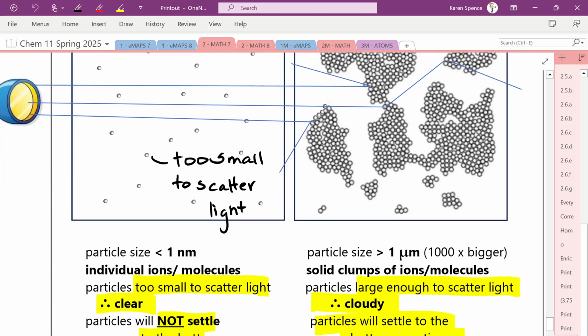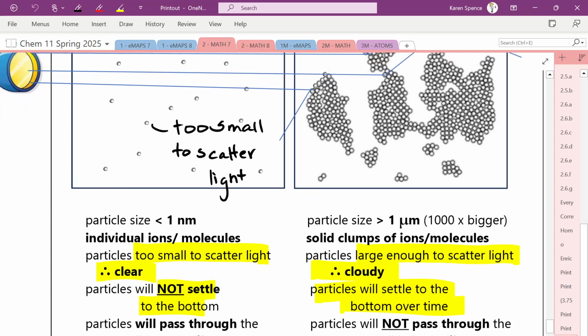Other things you should notice about a suspension is that the particles will settle to the bottom. Did you notice that the particles of the suspension did tend to settle a little bit, even when we were heating it? You kind of got a little layer at the bottom. If you were to leave it overnight, maybe over the weekend, probably it would all settle out.